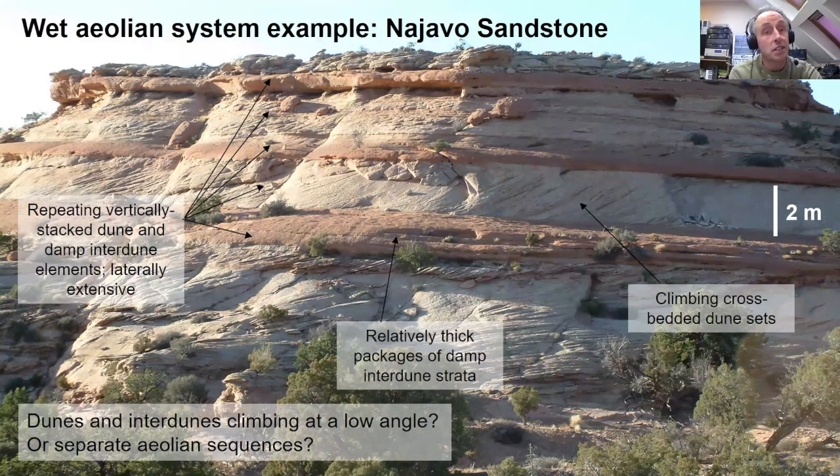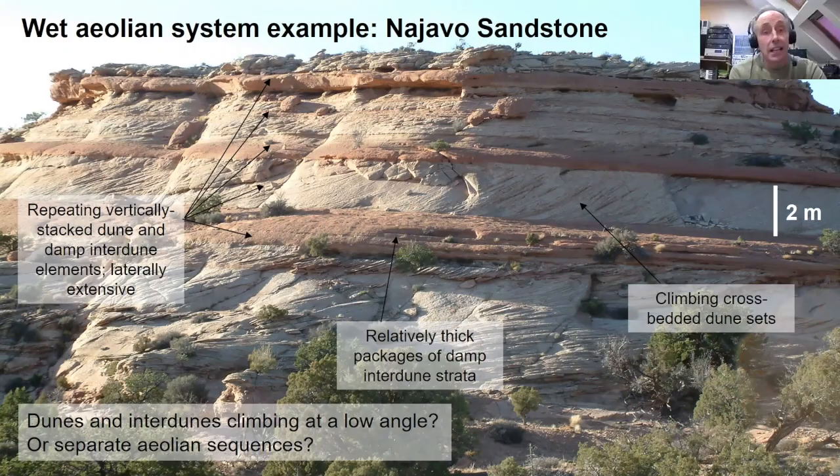And so this is a climbing sequence series that's a product of the migration of dunes where we've got a wet or a damp substrate. Indeed, if you look down on some of the bedding surfaces in the interdune layers, you'll see things like adhesion structures, so adhesion ripples, for example, and you'll see wave ripples in a few places where you had standing ponds of water at the time of accumulation.